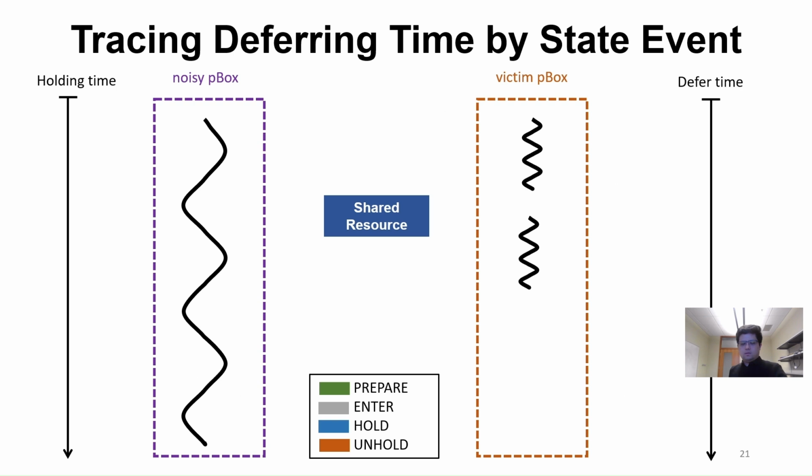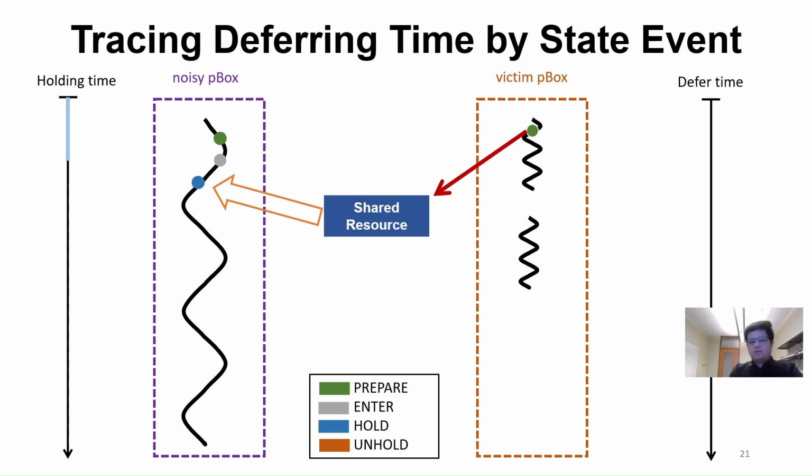Here is an example of using state events to trace deferring time and pinpoint the cause of deferral. When the noisy pBox holds a shared resource, a hold event is transmitted to the pBox manager. The pBox manager in response marks the purple pBox as the holder of this resource. Subsequently, when the orange pBox is blocked by the resource, a prepare event is generated.